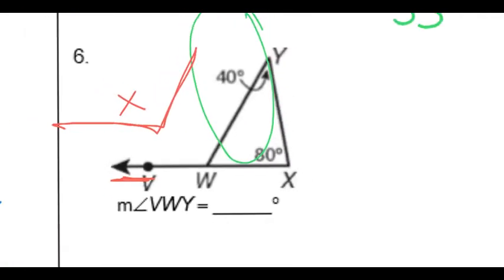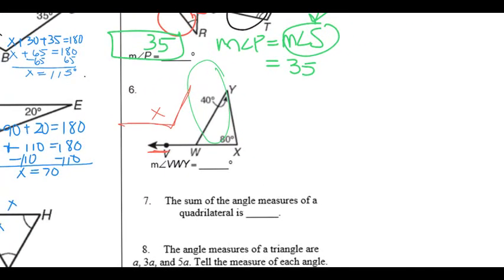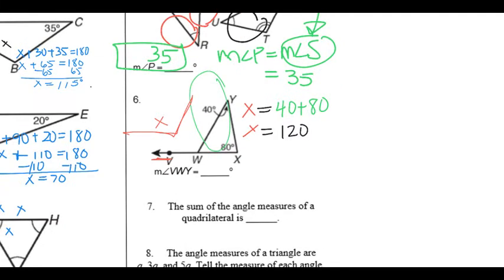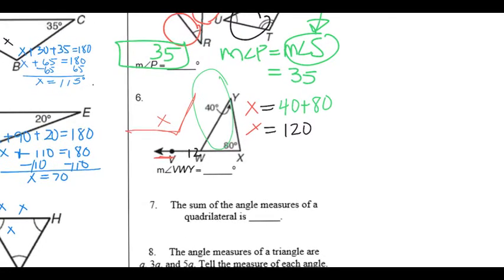X, which is our red angle, equals the two green angles, which is 40 plus 80. And that means we now know x, which is the angle we were looking for. And we know it equals 120. And that is our answer, 120.